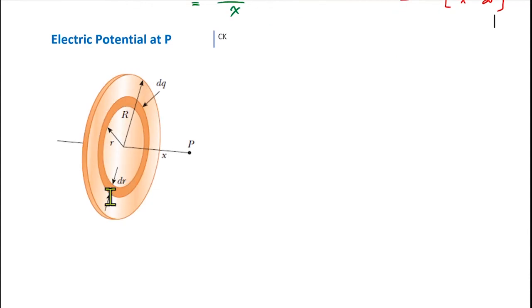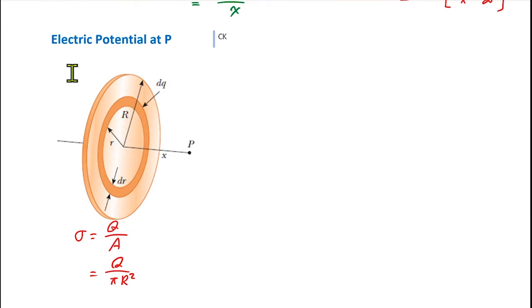We'll take a tiny ring of charge, and then charge density here is given by sigma, right? And sigma is the total charge divided by the area, which is total charge divided by pi capital R squared, capital R being the radius of that disk.